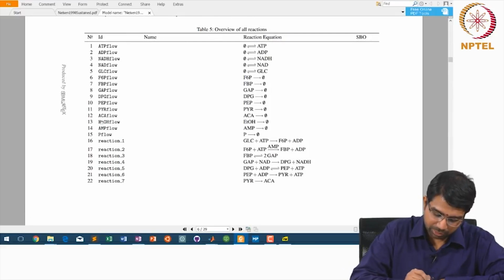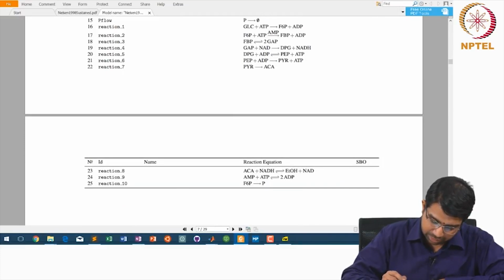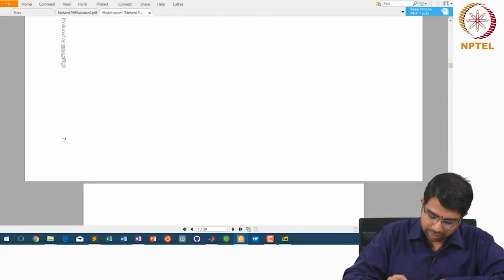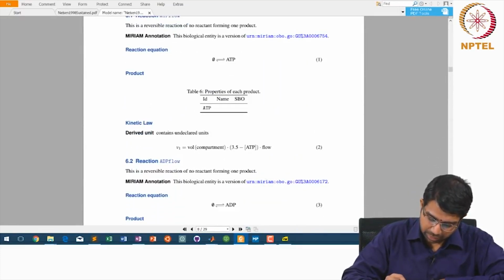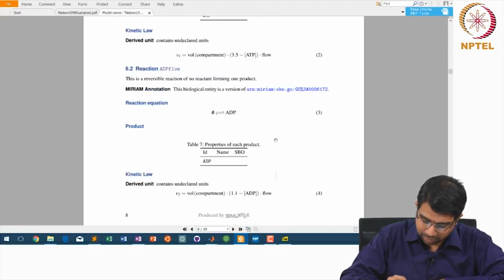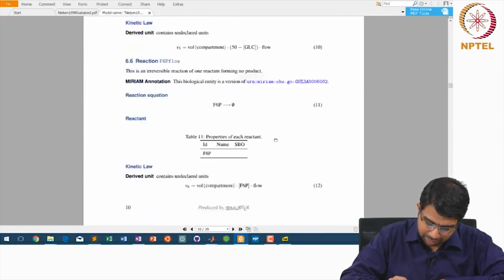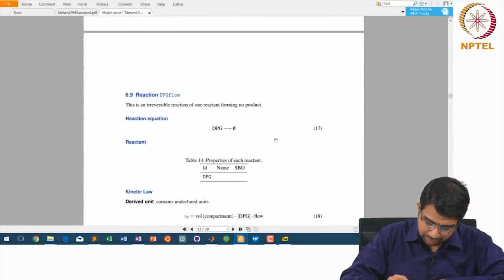These are ATP input, source and sink reactions, but these are your main reactions. You have about 10 reactions, and the good part is it already gives you V1 equals volume of compartment, which you can keep as 1 if you want, times 3.5 minus ATP into flow. Let us look at the other reactions.